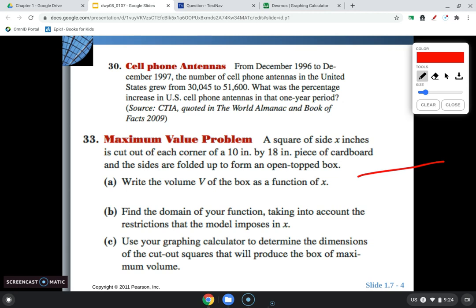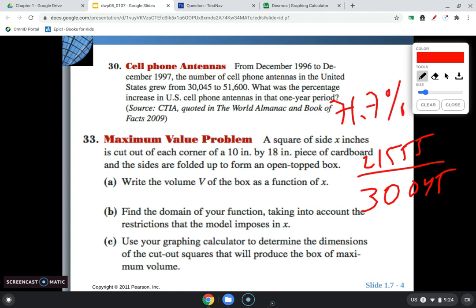So the change is 51,600 minus 30,045. So the change is 21,555 divided by the original, which would have been the 1996. So we take 21,555 divided by 30,045, about a 71.7% increase. Quite a bit.